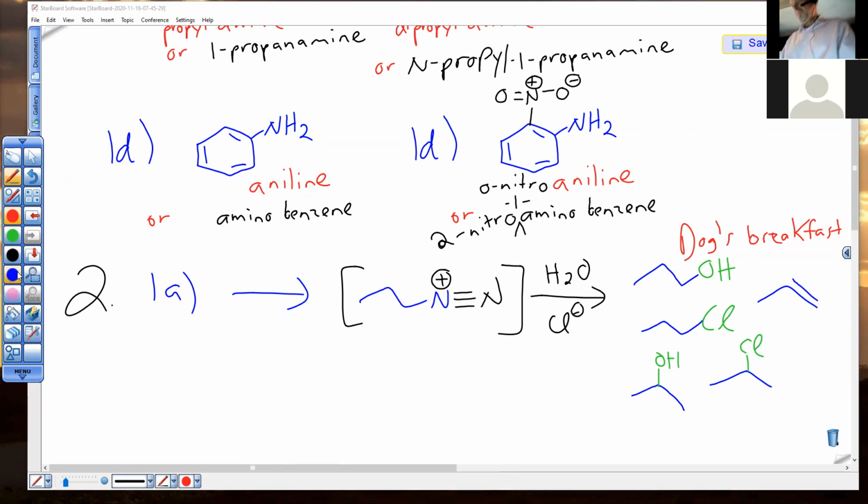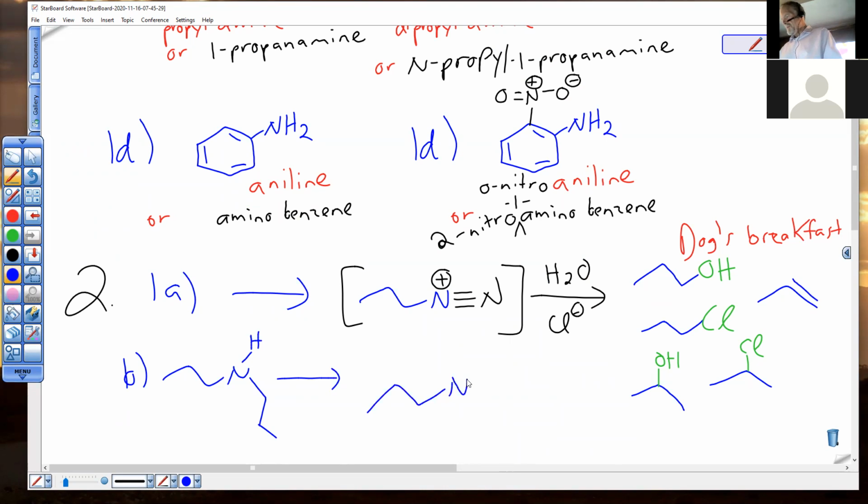Secondary. You can't form a diazonium ion, so it stops in the middle. This is secondary. Remember, secondary. And this was primary.